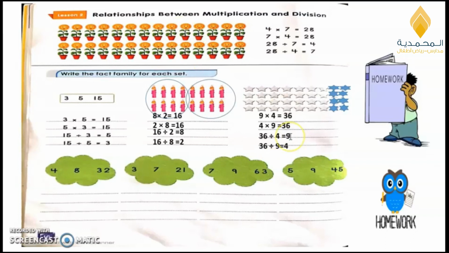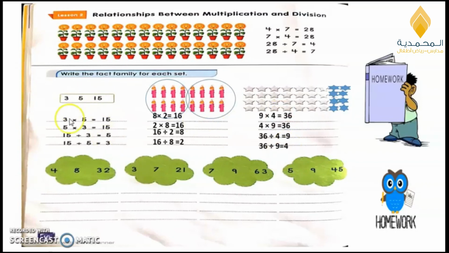It will give you 9 groups. Then, try to put each 9 stars in one group and count how many groups you made. It will give you 4 groups. Got it?